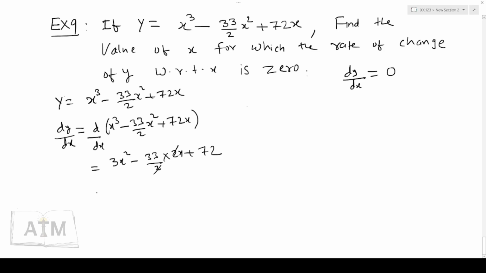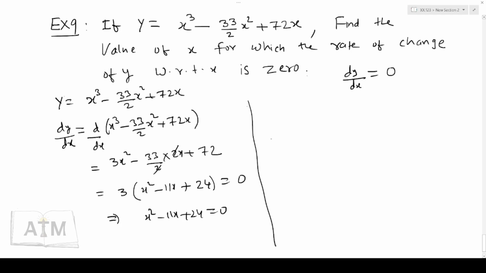2 gets cancelled. After that, taking 3 common, x square minus 11x plus 24 equals 0. Now taking the factors, x square minus 3x minus 8x plus 24 equals 0.